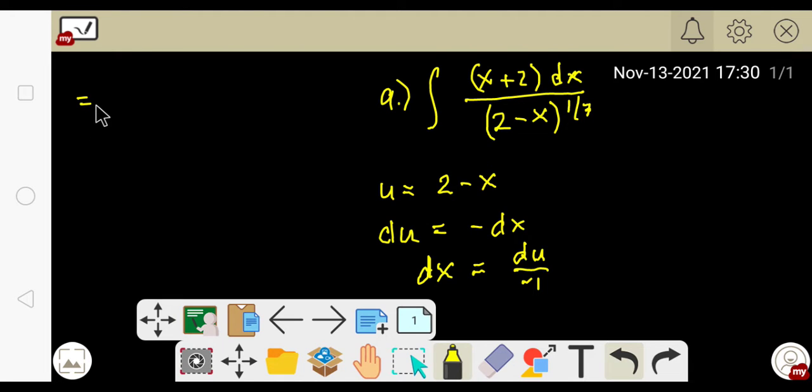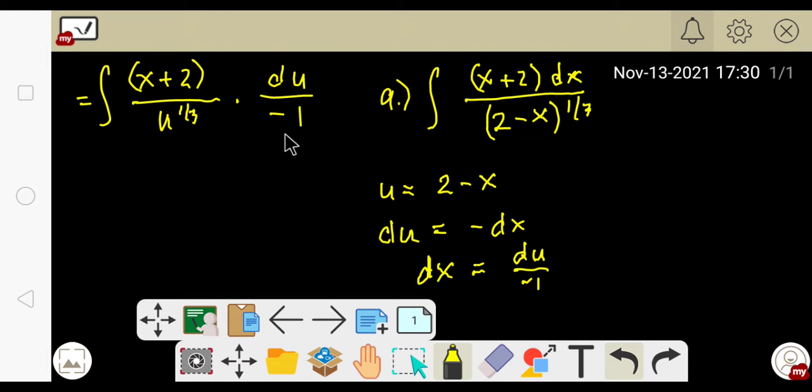Let's rewrite this as integration of (x plus 2) all over, since we have assumed earlier that 2 minus x was our u, u raised to 1/3 multiplied by du over negative 1, since our du over negative 1 is our dx. We have just substituted it to dx.